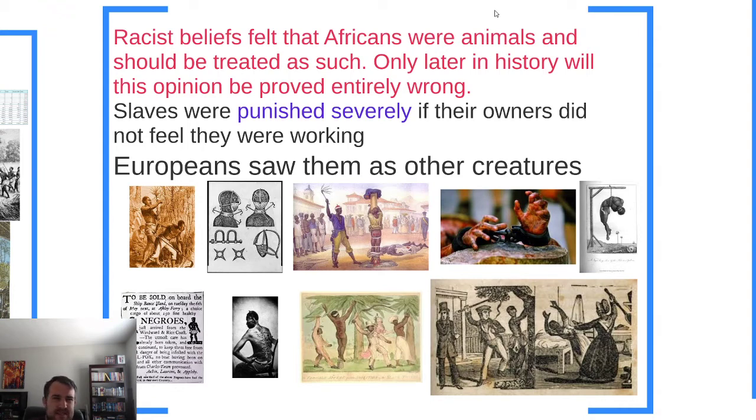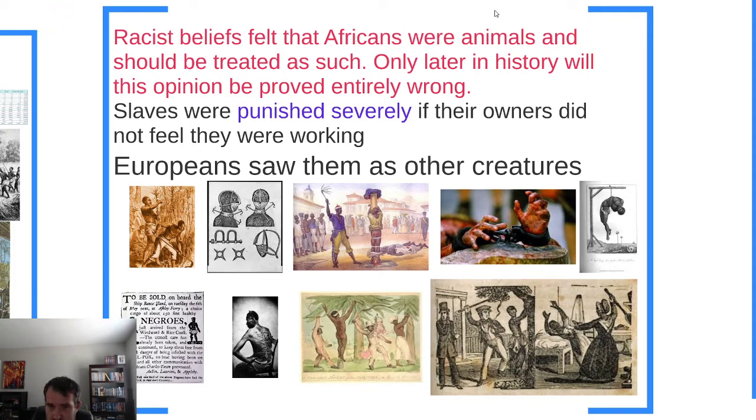But Europeans had this messed up way of interpreting things, saying that, well, they're not people. They're other creatures. They're other animals. And because of that, it sort of usurped the Christian morality. And people in this part of the world didn't really see them with any sort of compassion or humanity.